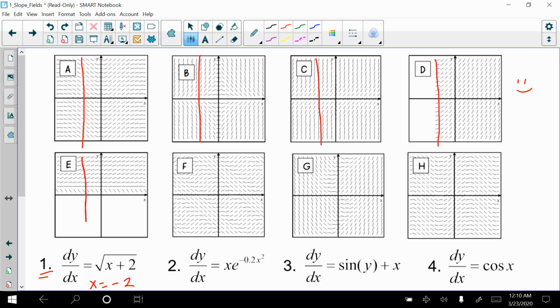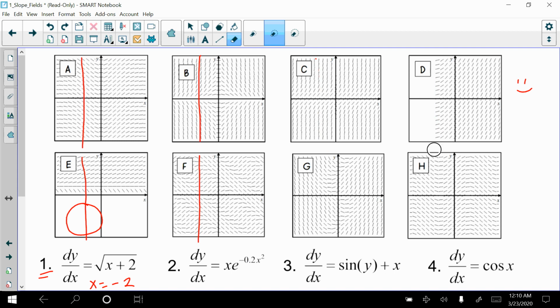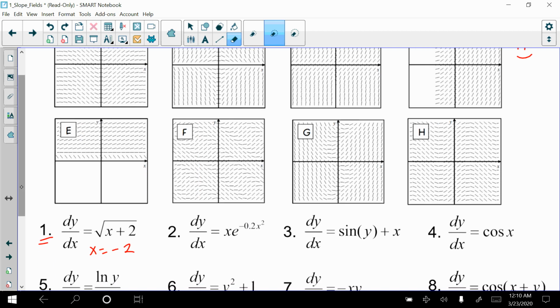This one doesn't, because there's a whole bunch of x things missing here. Here, I'm getting a whole bunch of slopes that are different. Same thing with G and H. So I am fairly confident, and we'll take off these lines here, because I'm just looking to see, where do I have a slope of 0? And the slope of 0 in this case is going to be D. So 1 is D.